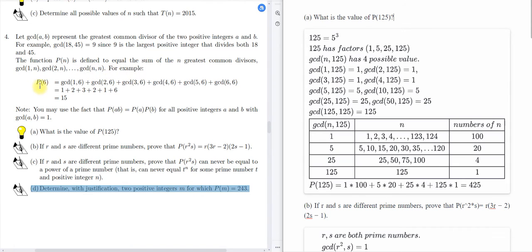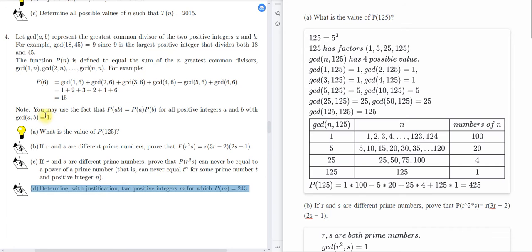For example, P(6) equals GCD(1,6) plus GCD(2,6) plus GCD(3,6) plus GCD(4,6) plus GCD(5,6) plus GCD(6,6), which is 1, 2, 3, 2, 1, 6. So P(6) equals 15.